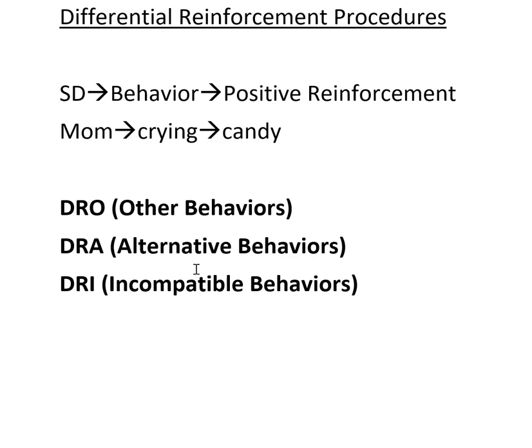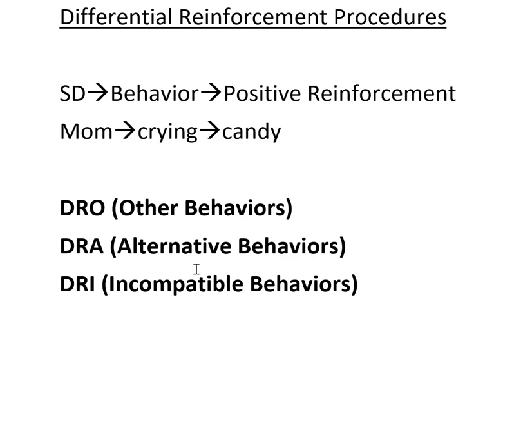DRA are used with students or kids who might have speech delays or communication delays or social delays, because you want to replace the crying or screaming or tantruming with speech, with communication, with initiation of requesting items.